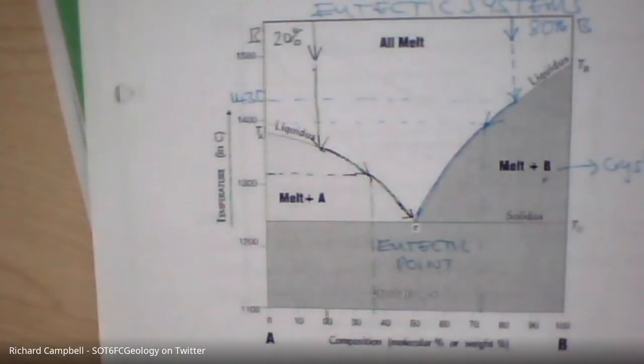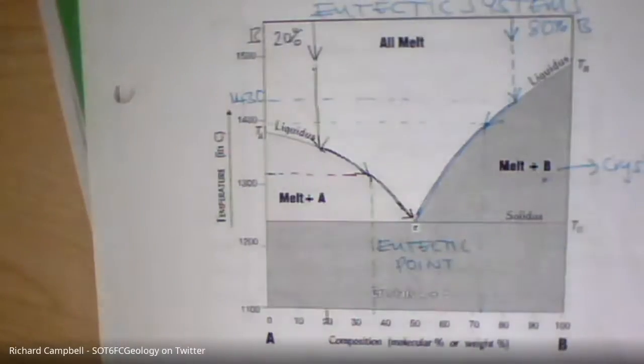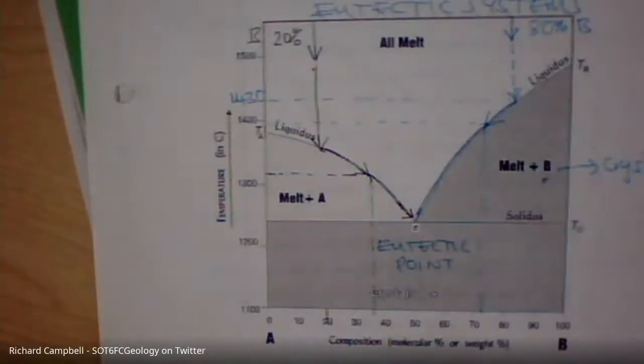And the eutectic point is the point at which everything crystallizes. The eutectic point is where we've got all three phases: liquid and both solids can exist.